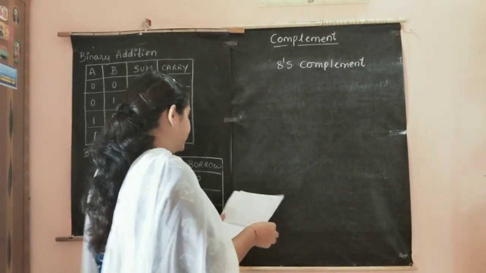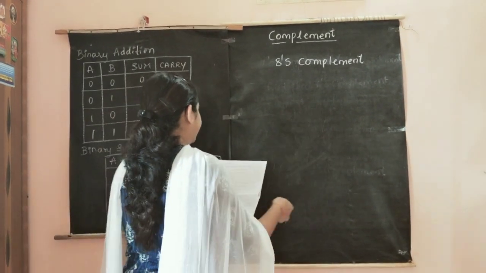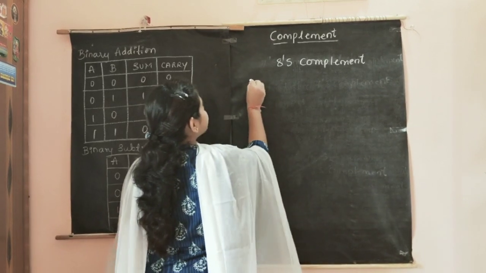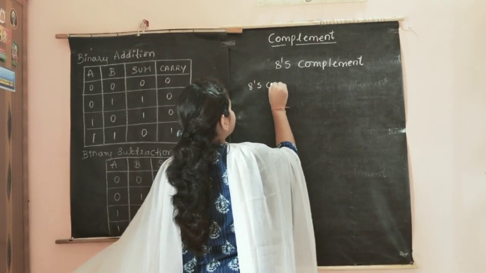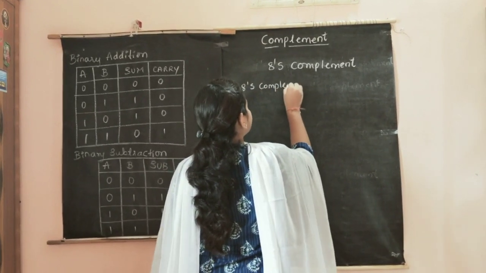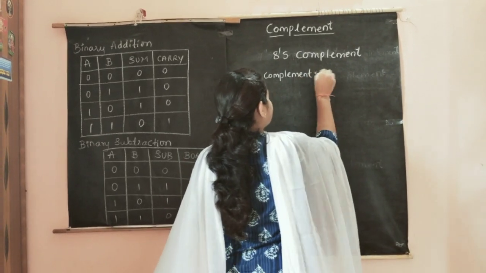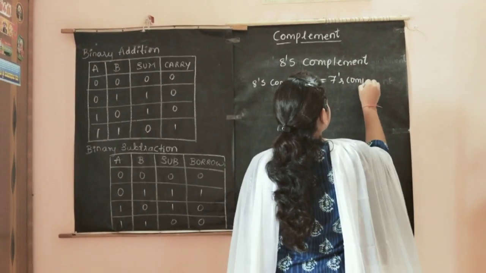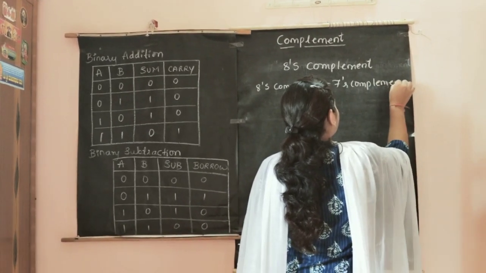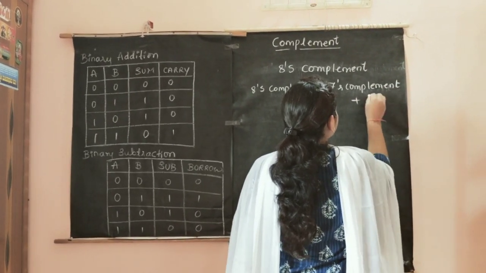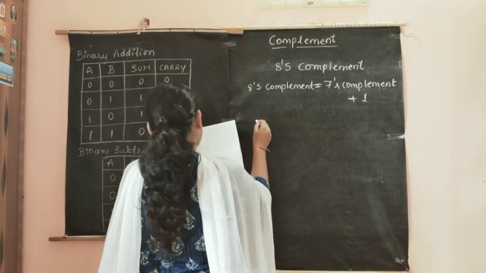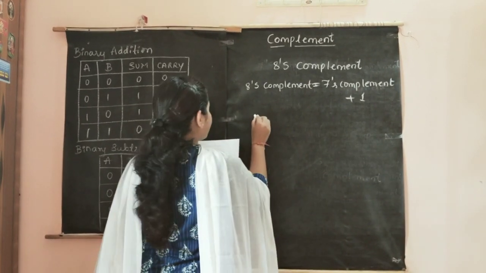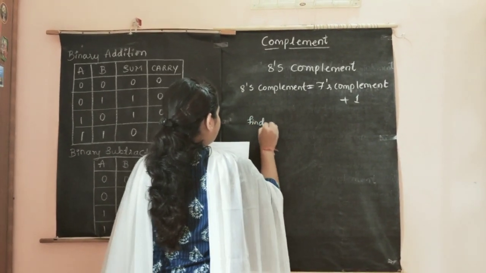So first I am writing the definition here: 8's complement is equal to 7's complement plus 1.